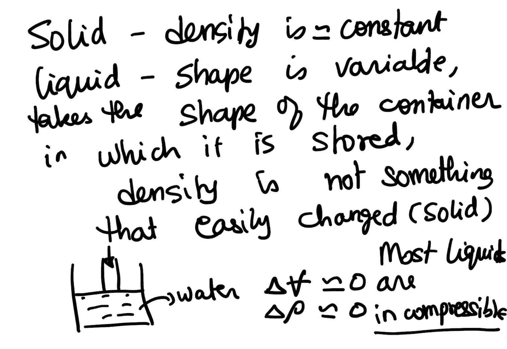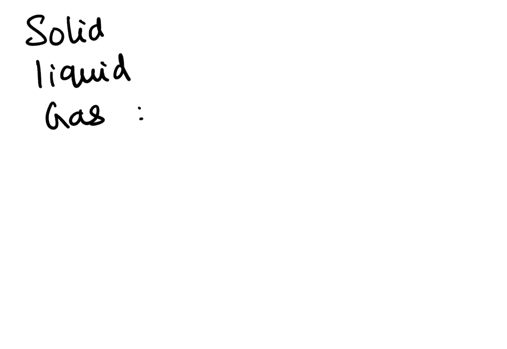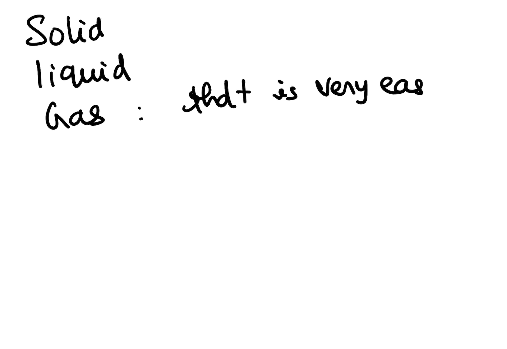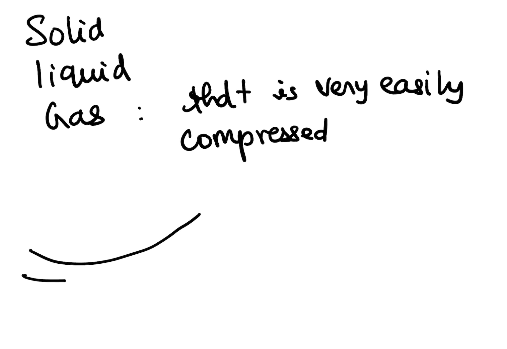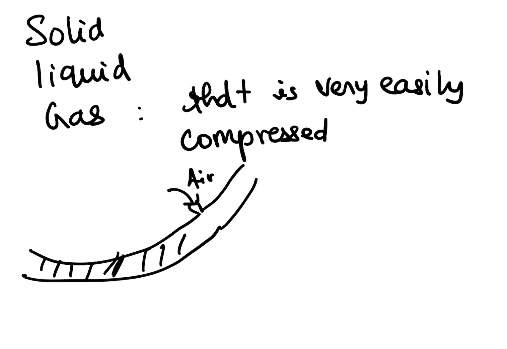Liquids are usually incompressible. So then that begs the question, you have solid, liquid, and gas. A gas is something that is very easily compressed. You know this from everyday experience. If you have your bicycle tire and you have a valve, you inject air from the pump, and the more you inject air, you can increase the density inside.